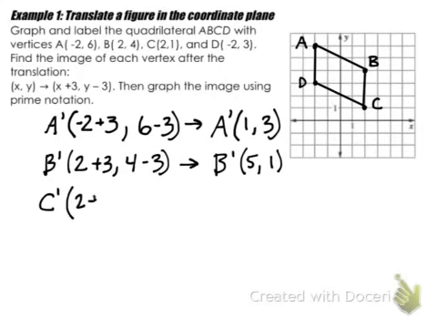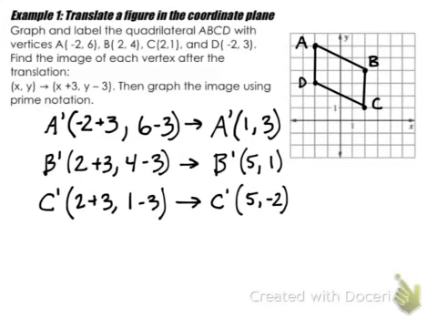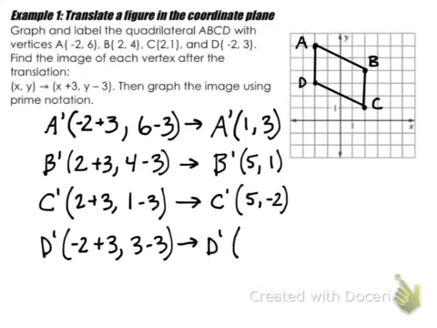C prime, we have 2 plus 3, and then 1 minus 3, and that coordinate for C prime will be 5, negative 2. And then D prime, we have negative 2 plus 3, 3 minus 3, and then that coordinate simplified would be 1, 0.